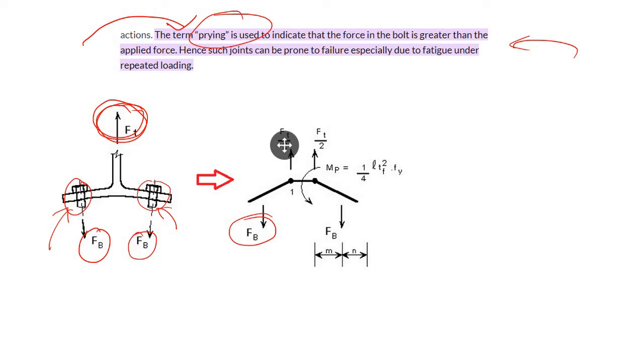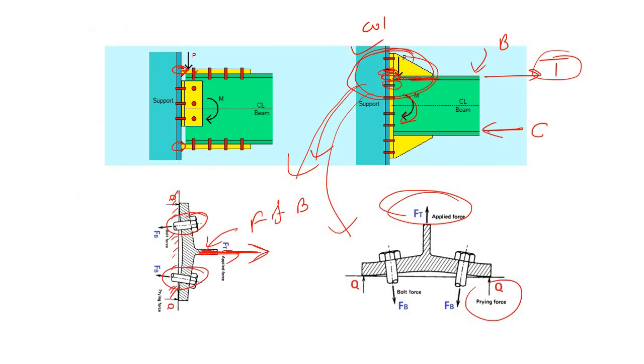In normal cases, in any type of moment connection, we simply connect this flange by using some plate at the end and then some bolt like this, or something like this. So there are two types of moment connection.